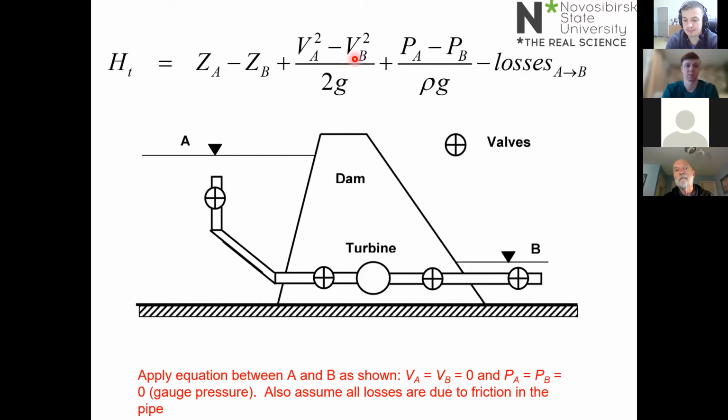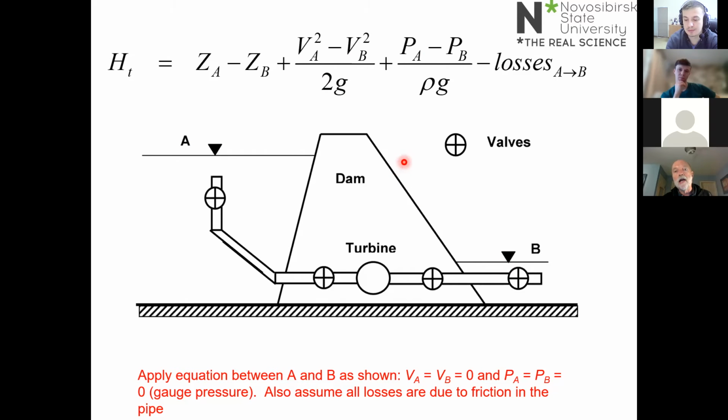So basically, there's no kinetic energy change between A and B. Also, we have atmospheric pressure acting on A and B, and the atmosphere has a variation of pressure with density and height, exactly the same equation as applies to water, but the density of air is about 800 times less than the density of water.